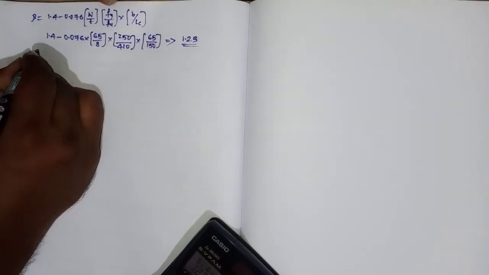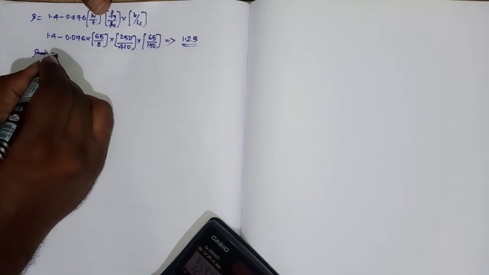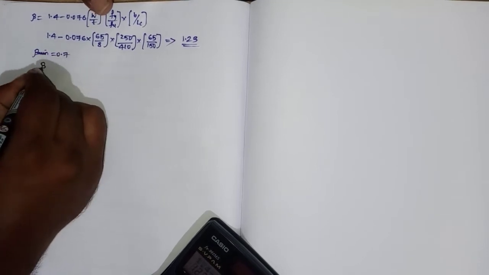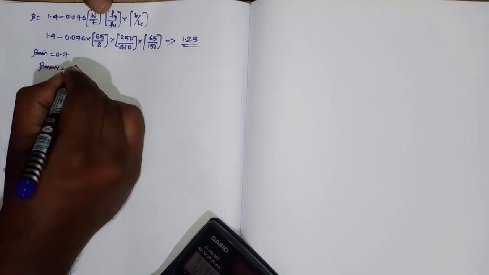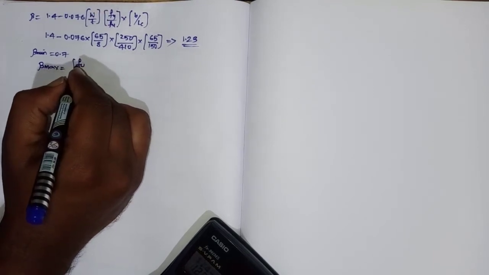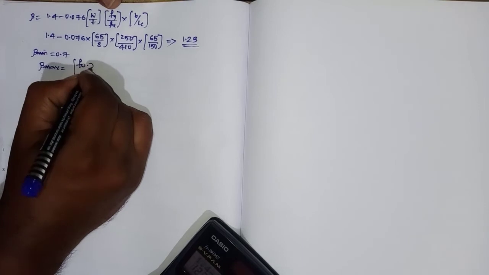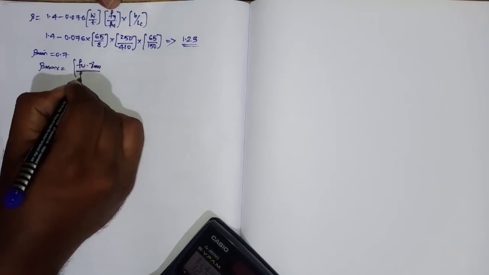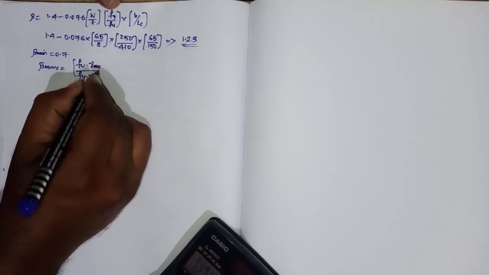That is beta minimum, it is always 0.7. What is the formula for beta max? That is Fu, if I am correct, into gamma m naught by Fy by gamma m1.